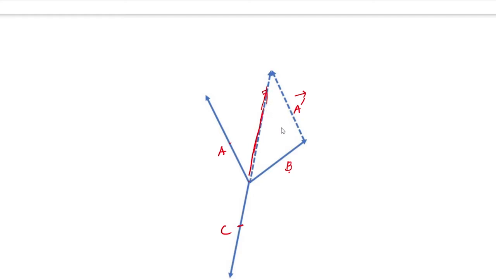and form a triangle. Now let us look into the angles of this triangle. Since opposite to A the angle is alpha, opposite to B the angle is beta, opposite to C the angle is gamma. This angle will be 180 degrees minus alpha since this is a straight line.